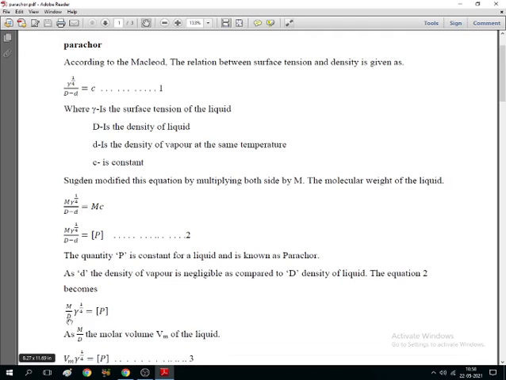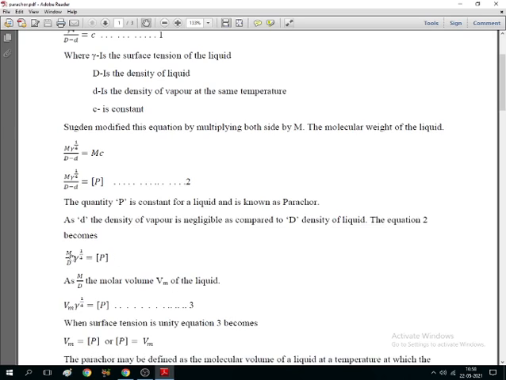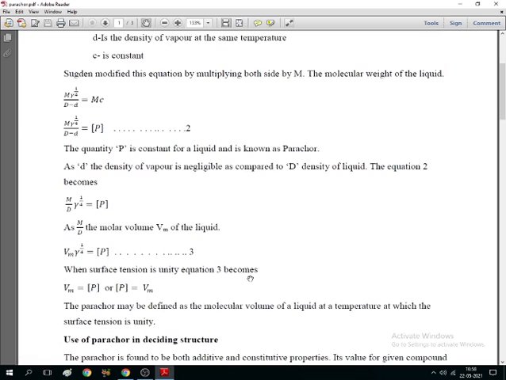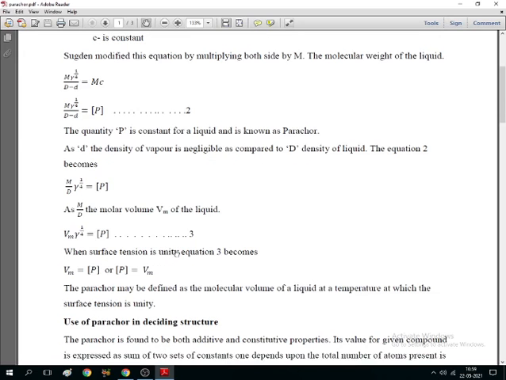The mass upon density is the molar volume of the liquid, and it is represented by Vm. Therefore this equation becomes Vm into gamma raised to power 1 by 4 is equal to P. This is equation number 3.